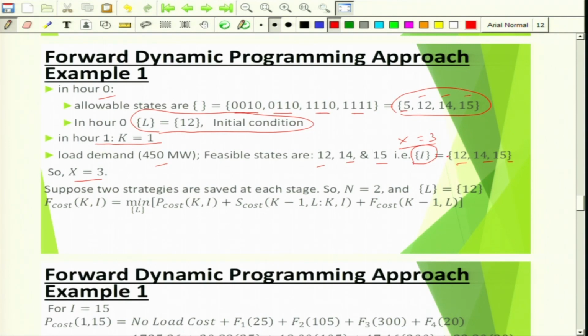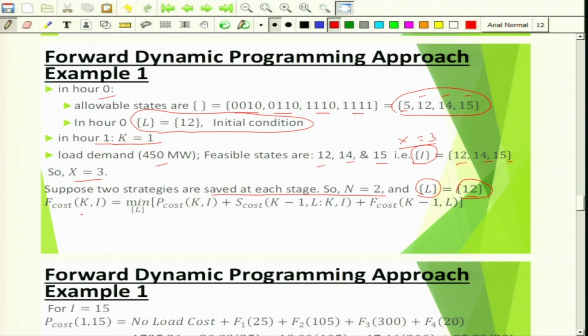Among 12, 14 and 15, whatever may be the best 2, the most economical ones, you are freezing. Suppose 2 strategies are saved at each stage, so N is equal to 2 and L is equal to 12, the most economical one, because the previous state 12 was the most economical one.